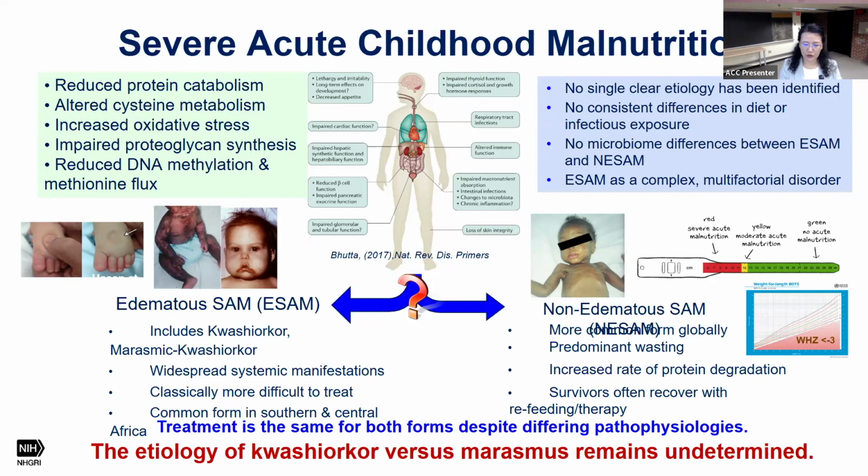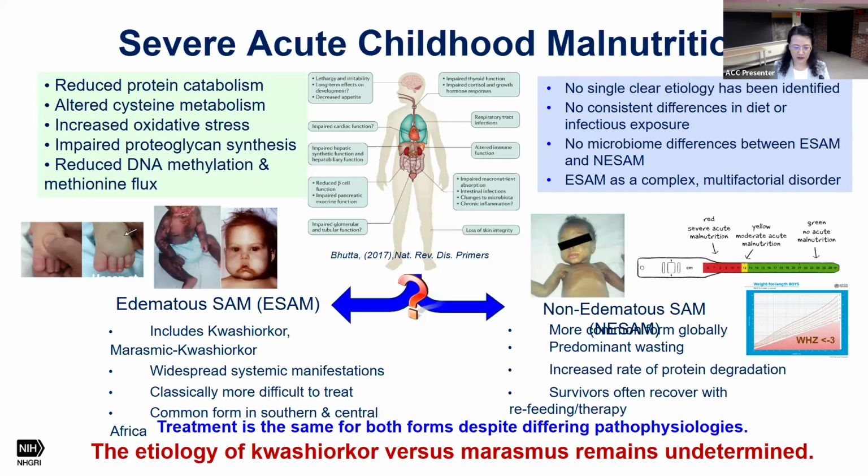Those 2 types of SAM develop under the same environmental conditions and with the same genetic background. And so far, the treatment for these 2 forms is the same: give them more nutrition, with no differentiation on the clinical side.